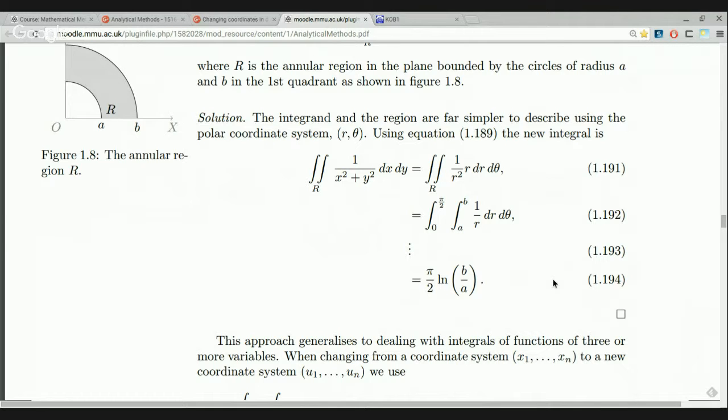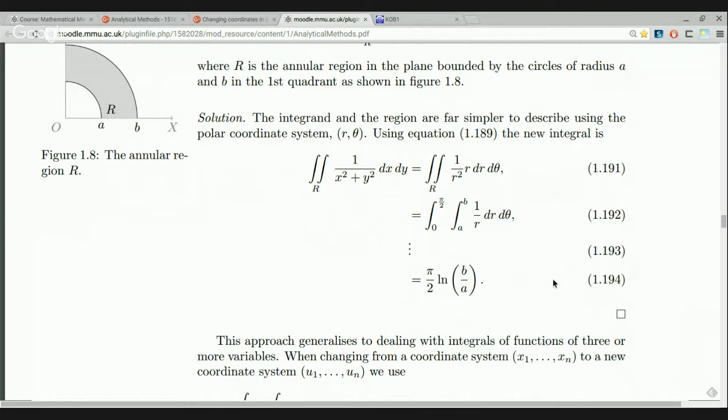The integral of 1 over r is, of course, the logarithm of r. When you evaluate that at b and a, you get the logarithm of b minus the logarithm of a, but you can bring those together as the logarithm of the quotient, b over a, using properties of logarithms. Then you're integrating this logarithm b over a with respect to theta between 0 and pi over 2.